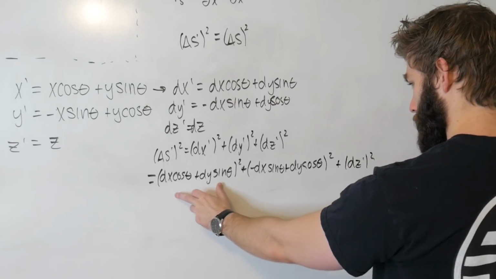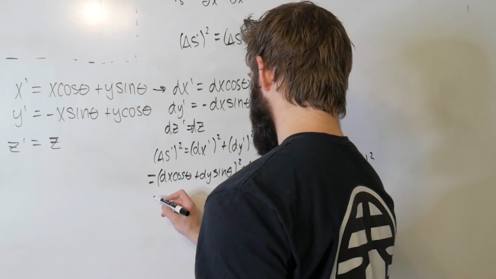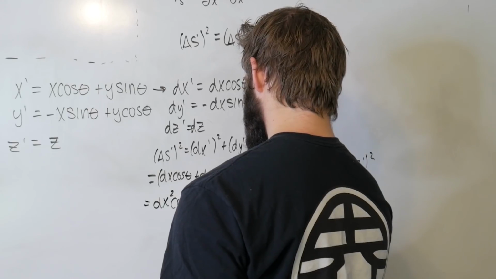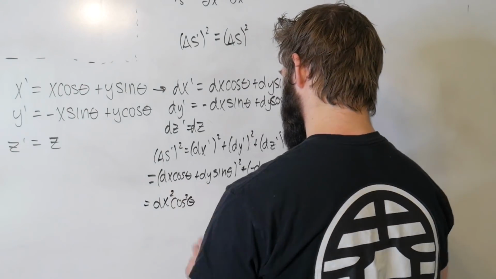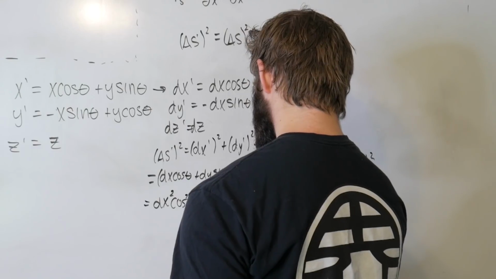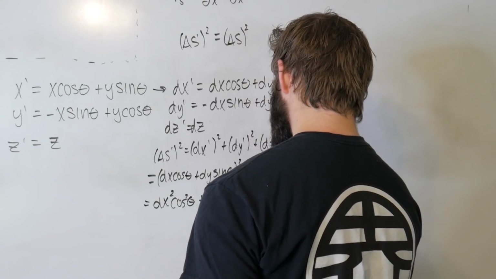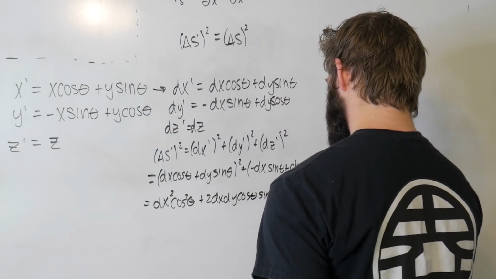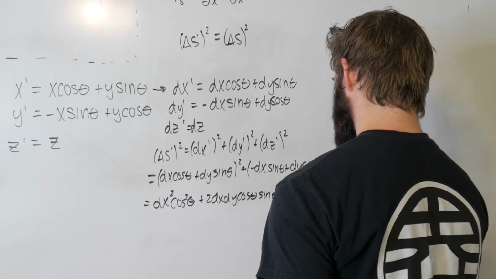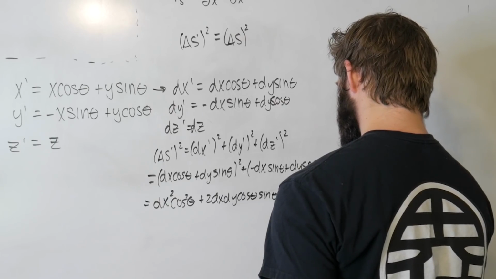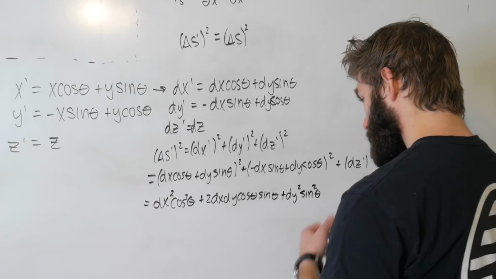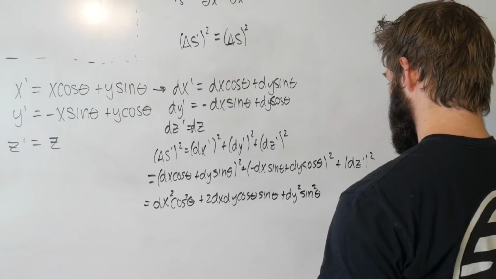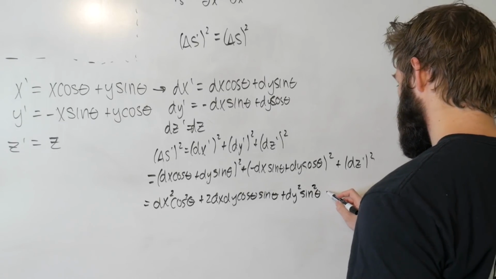Okay. And then here, we'll just FOIL this out. So that's going to equal dx squared cosine squared theta plus 2 dx dy cos theta sine theta plus dy squared sine squared theta, and this is plus.